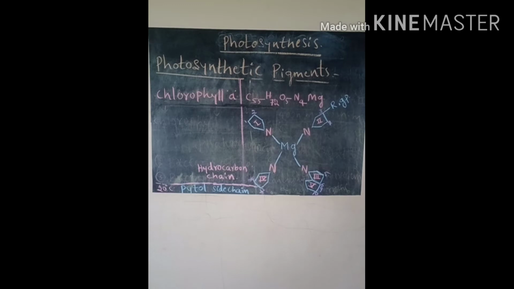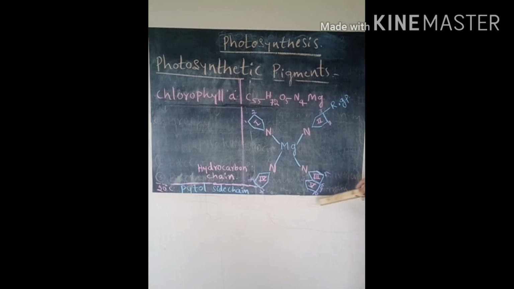Here the chlorophyll molecule includes the centrally located magnesium, surrounded by 4 nitrogen atoms. These nitrogen atoms are connected with the 4 pyrrole rings, 1, 2, 3 and 4.